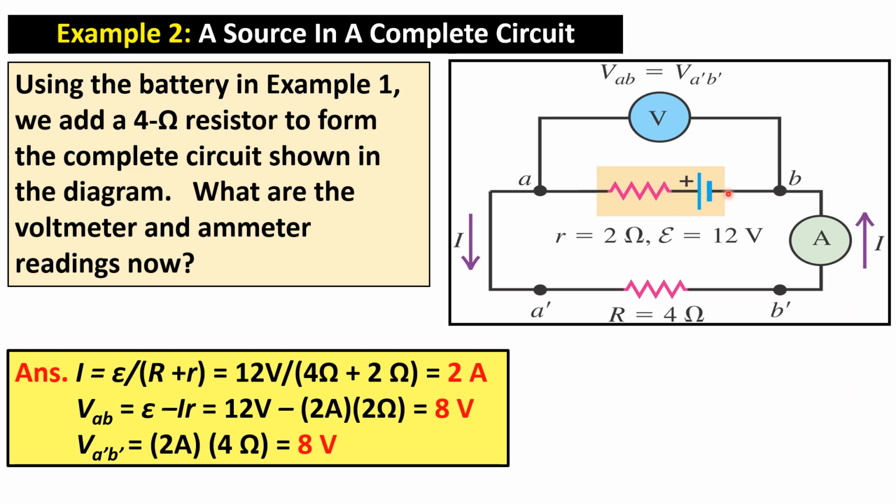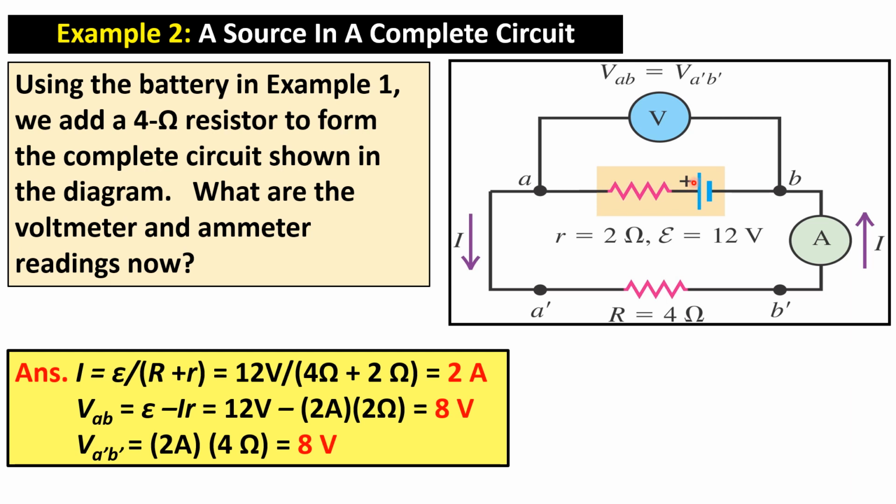Let me add also something that's very important. I hope you have already watched my video tutorial about electric potential. The positive and negative terminals of a battery symbolize 2 points with different electric potential.